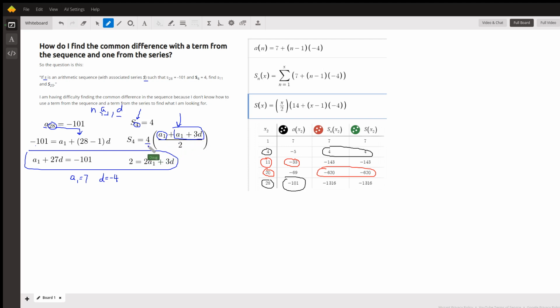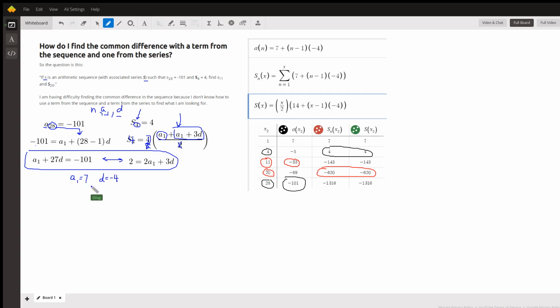Some people put the 2 out here and say n over 2 times the sum of the first and the last. Either way, if you simplify this, this is a 2, this is a 4. 4 divided by this coefficient of 2 gives us a 2 out front, and we get 2a sub 1 plus 3d.